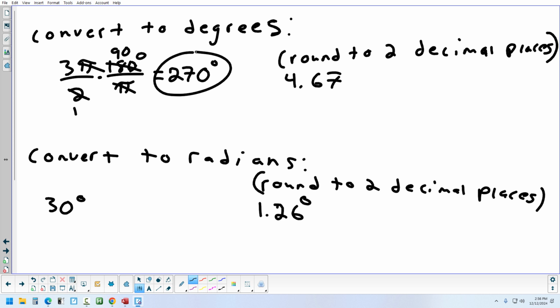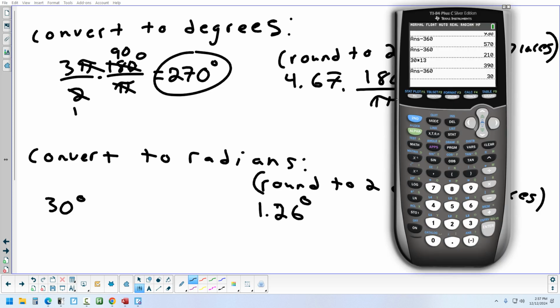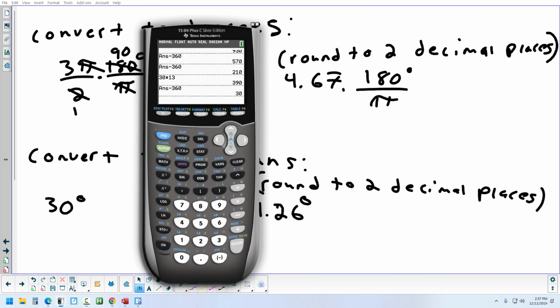Okay. So what would we multiply by to change from radians to degrees? 180 over pi. Yep, multiply by 180 over pi. And we're just going to type it in and see what we get. So it's 4.67 times 180.